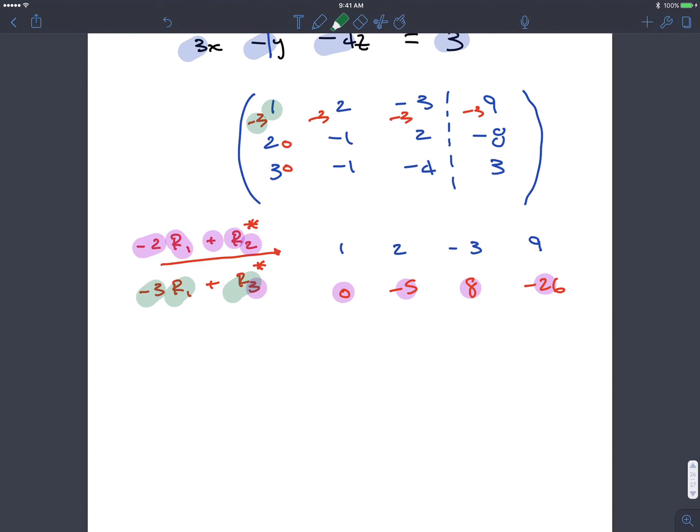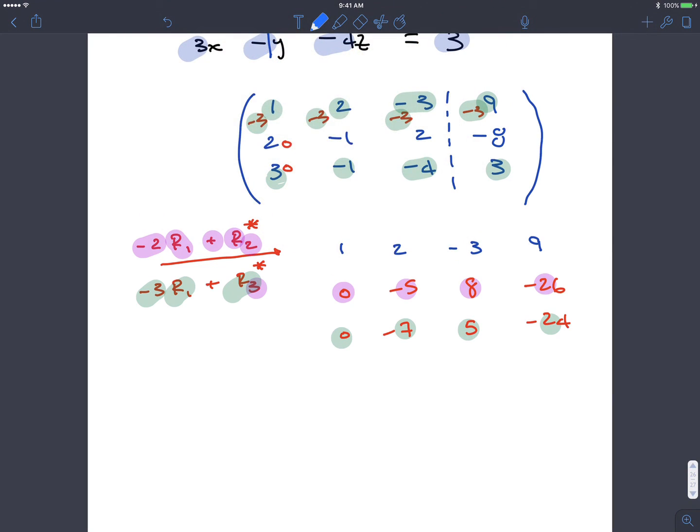Negative 3 times 1 is negative 3, plus 3, we get a 0. So we're changing row 3, and that first entry is a 0. Negative 3 times positive 2 is negative 6, plus negative 1, we get a negative 7. Negative 3 times negative 3 is positive 9, plus a negative 4, we get a positive 5. Negative 3 times 9 is negative 27, plus 3, we get a negative 24.